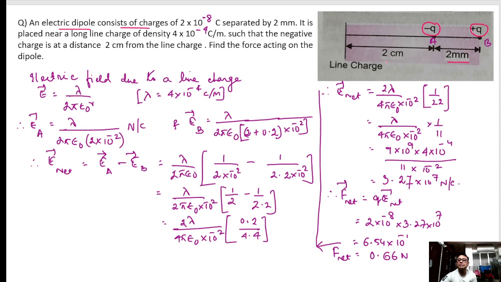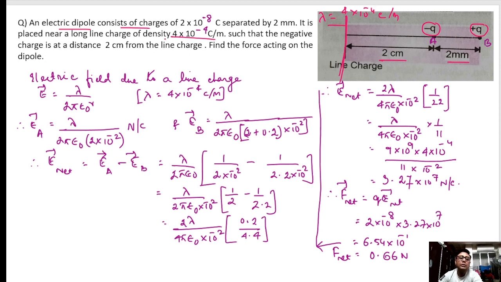The negative charge is at a distance of 2 centimeter from a line charge. This is the line charge, infinite. Okay, and the linear charge density is given. Charge per unit length is given to us, lambda, 4 into 10 to the power minus 4 coulomb per meter.